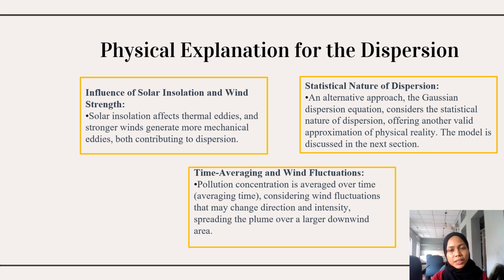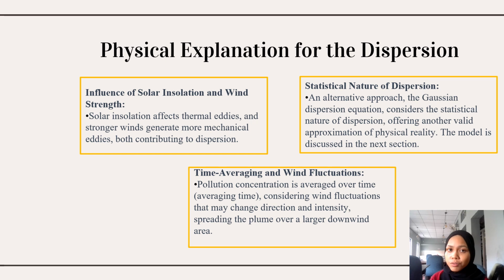Next, the physical explanation for the dispersion is influenced by the solar insolation and wind strength, as the solar affects the thermal, and stronger wind will generate and contribute to the dispersion. Next, the time averaging and wind fluctuation, where the pollutant concentration is considered over time.